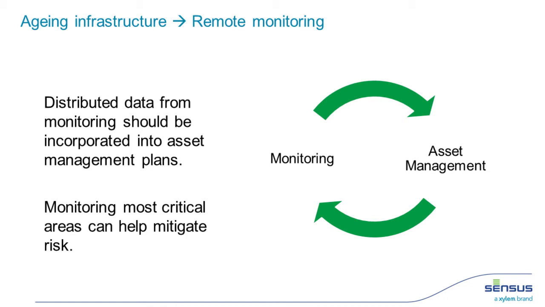One good example of this is a utility that has a lot of elevation change in their system, and so they have a lot of PRVs. One of their ways of mitigating risk was that monthly they were going around and visiting each PRV to ensure that it was working properly.